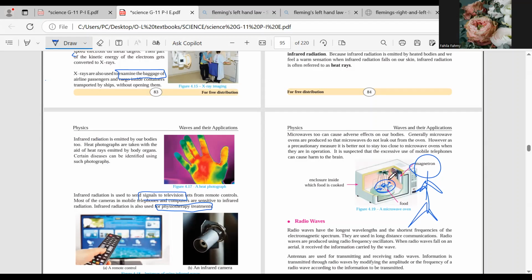Is it going to cause any damage or variations in the food particles? I don't know. But you staying close to the microwave is not good for your body because your body has lots of water. You don't want your body to get heated up just like how the food is getting heated up. That is why you are not supposed to stay close to the microwave when it is on. So the food inside is getting heated because of the water in it.